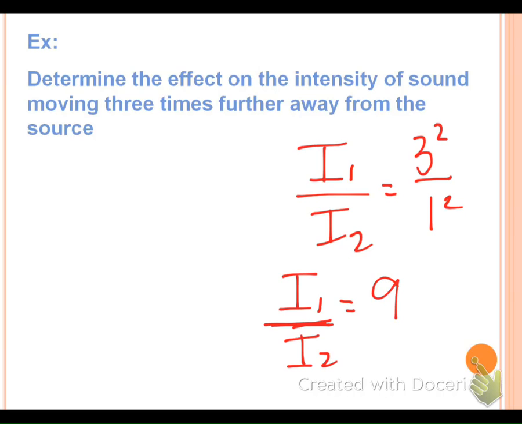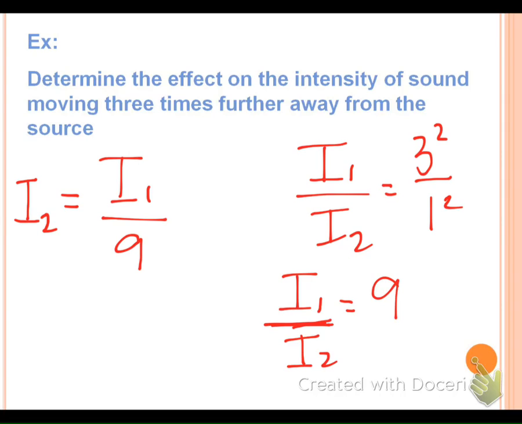So that means I2, the intensity of the sound wave at the second location, would be equal to I1 over 9. Somebody talk through what that means. I2 is 1/9 of I1. Exactly. I2 is going to be 1/9 the intensity of I1.